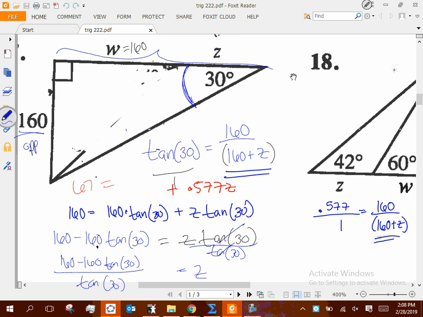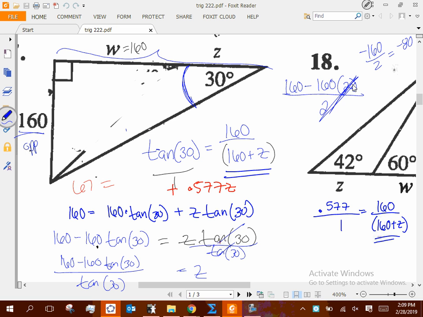So let me ask you this. Would you ever take 160 minus 160 times 2 all over 2, would that equate to 0 ever? Would you cancel those out? No, because 160 minus 320 is going to be negative 160, right? Divided by 2 is negative 80, correct?